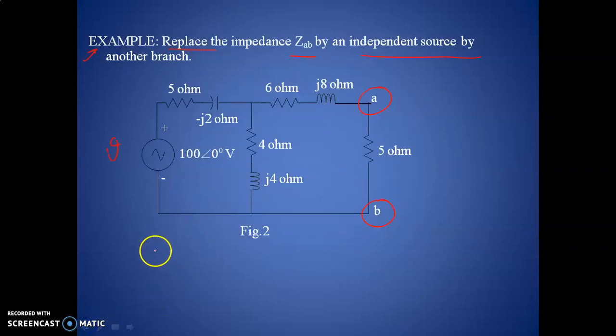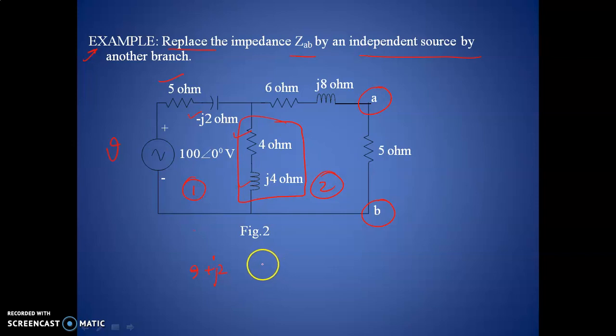We are going to apply the Maxwell loop equation. This 4 ohm and this j4 ohm are common to loop number 1 and loop number 2, so they will be off-diagonal elements. This is 5 ohm, this is 4 ohm, this is minus j2 ohm, this is j4 ohm. So we have 5 plus 4, that is 9 ohm, plus j2.